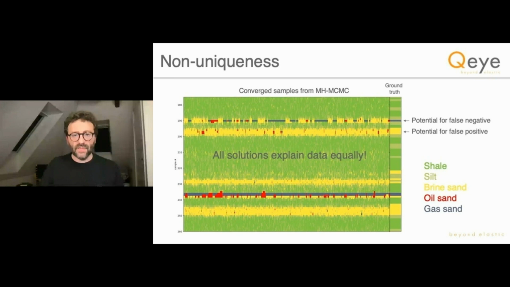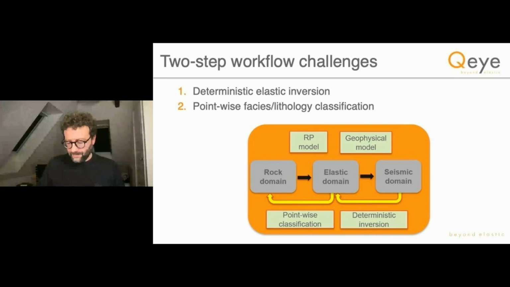So we get a well-posed problem and at the same time integrate this non-uniqueness into the solution. But before we do this, let's look at a high level at the classic workflows for getting facies lithologies from seismic data and some of its shortcomings.